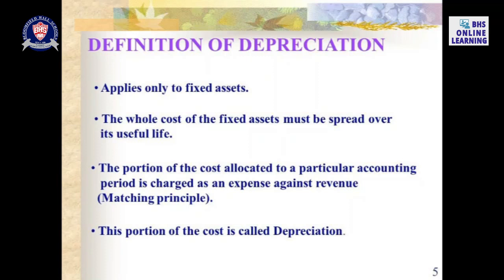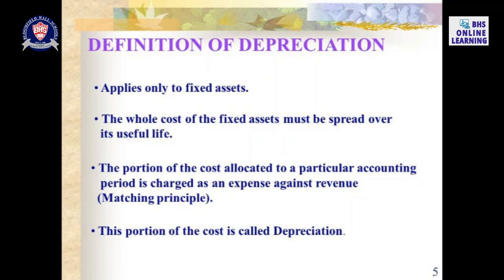As I gave you an example, when we buy a truck of $1 million and its working life is 10 years, we divide 1 million by 10 years and get 100,000 each year. It means that we have spread the cost of the delivery truck over the 10 years. And the portion of the cost that has been used is called depreciation.